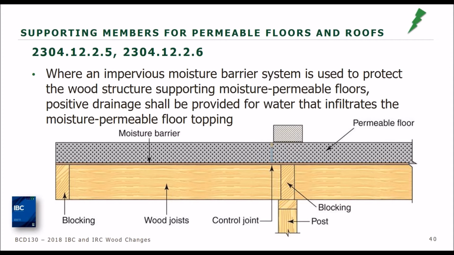Thanks, Michelle. This was AWC proposal S279-16. That was proposed in response to the causes associated with some of the deck and balcony failures that had been taking place. Essentially, this creates a requirement for the installation of an impervious moisture barrier system between a permeable floor system that's exposed to the water and the wood structure below.